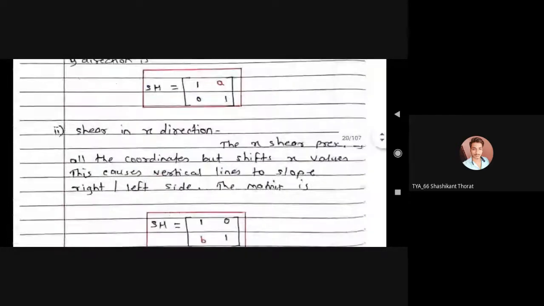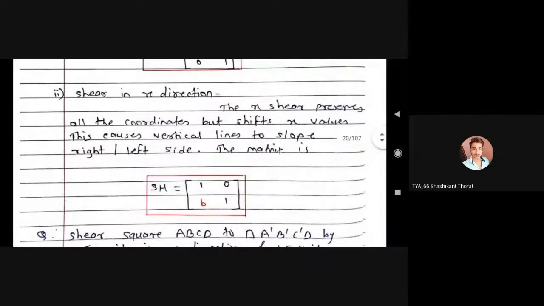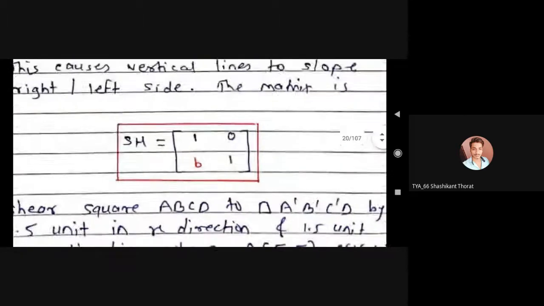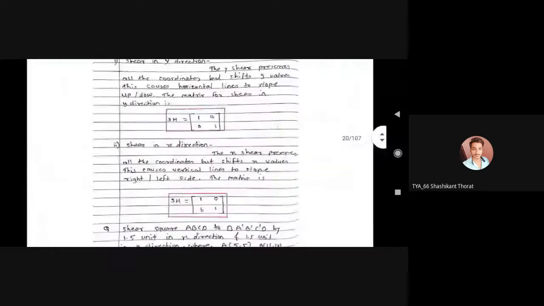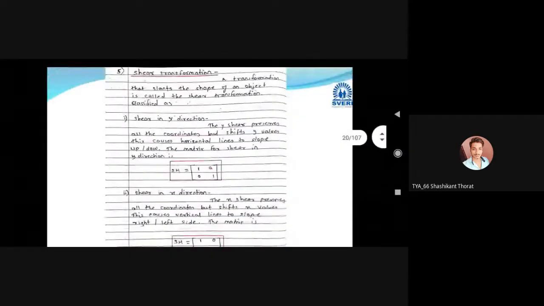And in x direction, suppose they ask a question to shear whatever the triangle, whatever the rectangle in y direction, having 10 unit or 15 unit. So that 10 or 15 value is nothing but the B value. We have to put that B value in that matrix: 1, 0, B and 1. Okay, now these are the two formulas for the shear in y direction and shear in x direction.